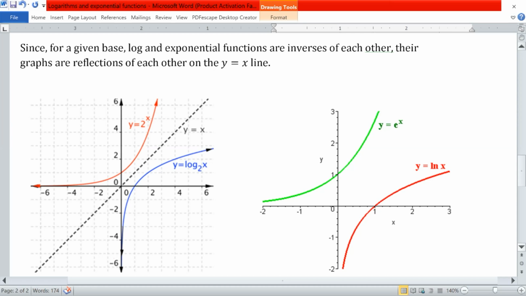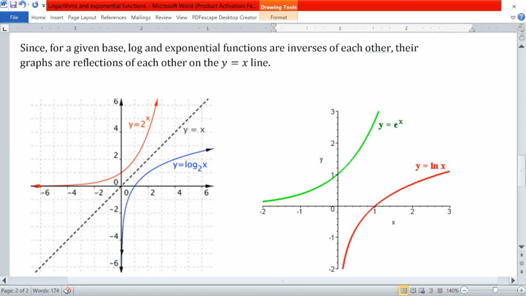They are reflections of each other. So the sentence is, since for a given base, now that is important. For a given base, the base has to be fixed, okay? For a given base, log and exponential functions are inverses of each other. Their graphs are reflections of each other on the y equals x line.